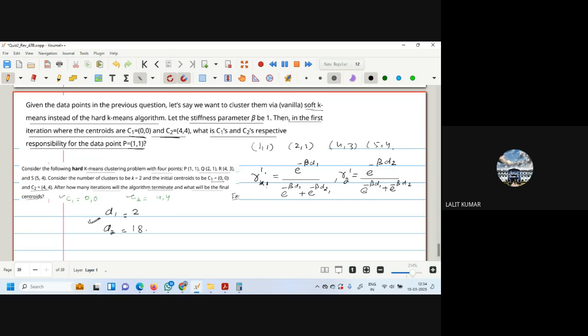So the responsibility to the first cluster, with beta 1, will be e to the power minus 2 divided by e to the power minus 2 plus e to the power minus 18. And the responsibility to the second cluster will be e to the power minus 18 divided by e to the power minus 2 plus e to the power minus 18. Is this okay?